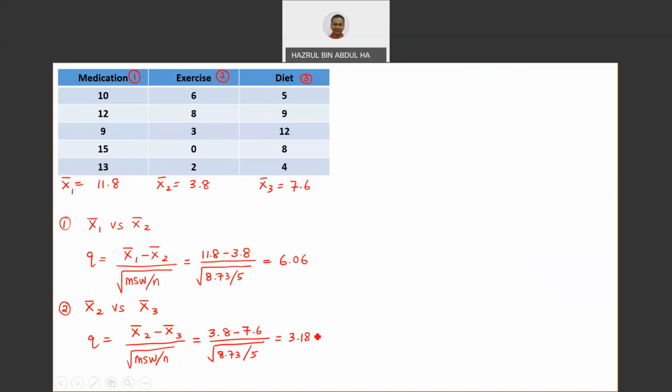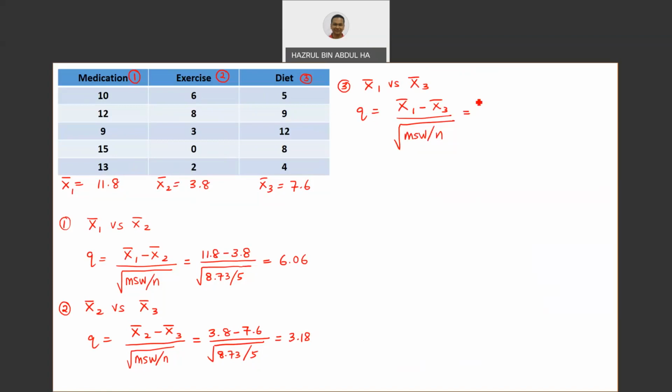Now we have to do the last comparison, which is between medication, x bar 1, and diet, x bar 3. So Q is equal to x bar 1 minus x bar 3 divided by the square root of MSW divided by n.